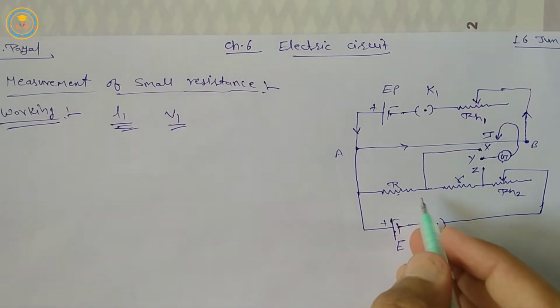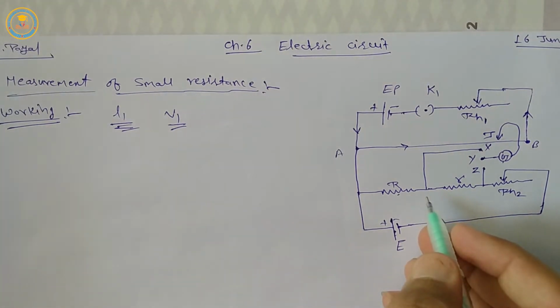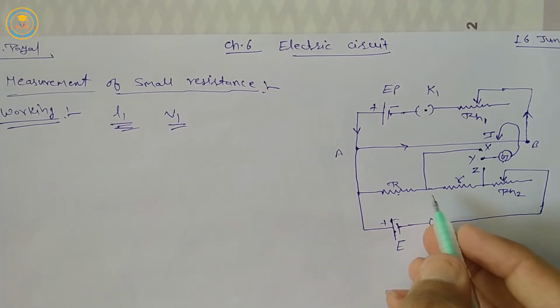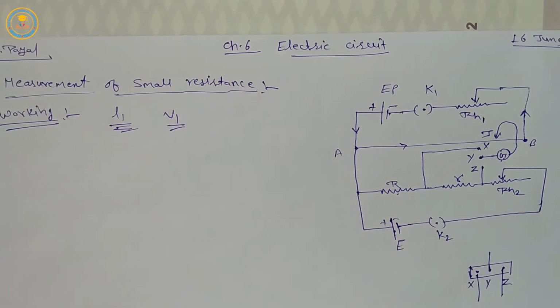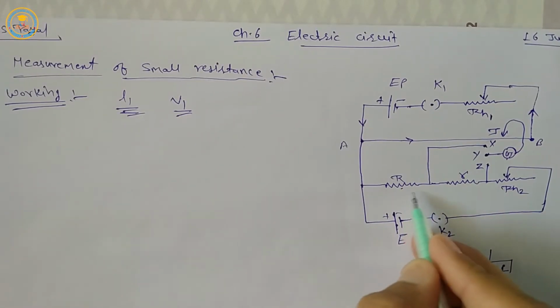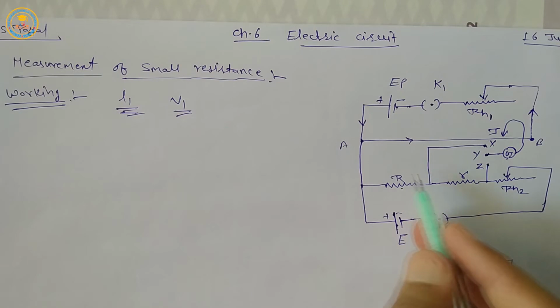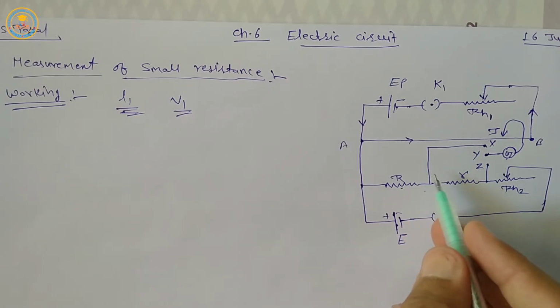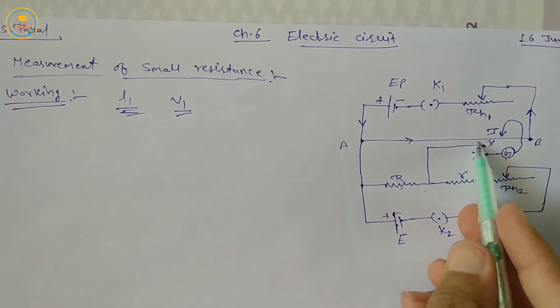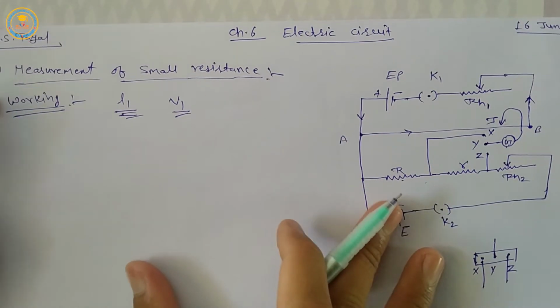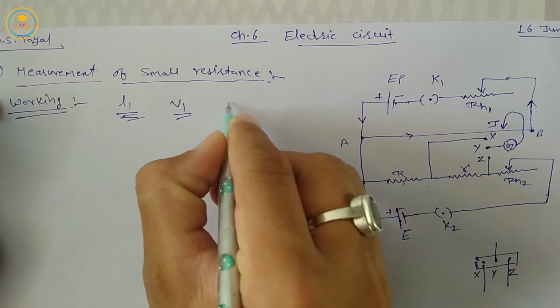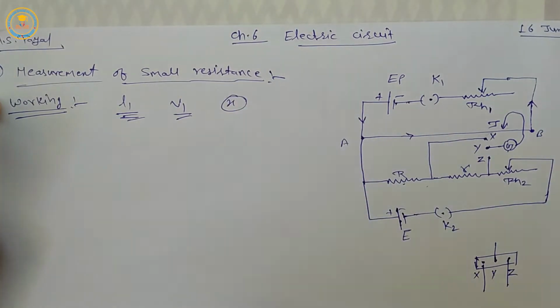Then in this situation, according to the principle of potentiometer, what is the principle of potentiometer? According to this principle, in zero deflection state, the unknown EMF or unknown potential difference is equal to the known EMF or known potential difference on this wire. So if the potential gradient of this potentiometer is X, what is potential gradient?